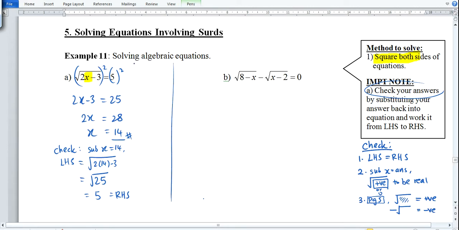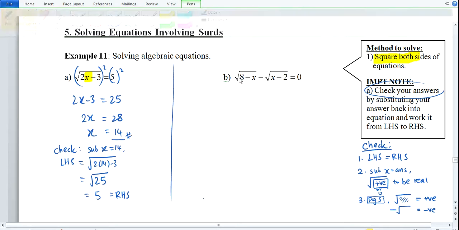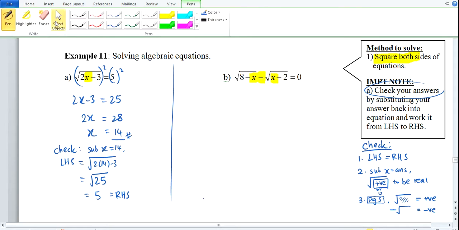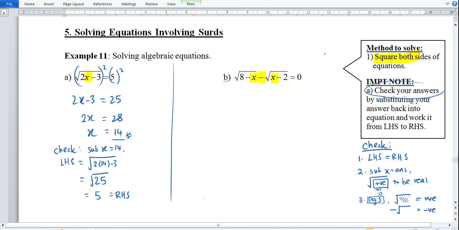For the next question, again I want to find x, but once again, x is inside the square root, and to make things complicated, there is a negative sign here. But to solve this easily, the trick is to bring one of the square roots to the other side of the equation. Then I can square both sides, and I will get 8 minus x equal to x minus 2.